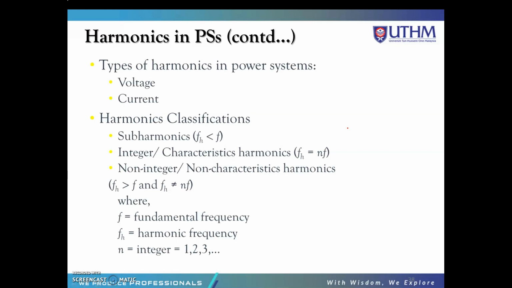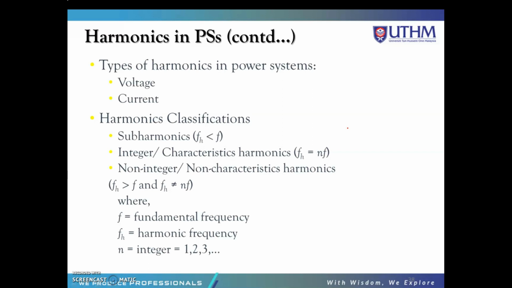Voltage harmonics are mostly caused by the current harmonics. The voltage provided by the voltage source will be distorted by the current harmonics due to source impedance. So if the source impedance of the voltage source is small, the current harmonics will cause only small voltage harmonics. Okay, that is the difference between voltage and current harmonics.